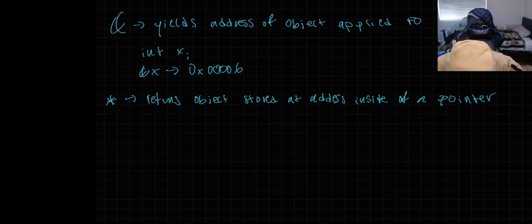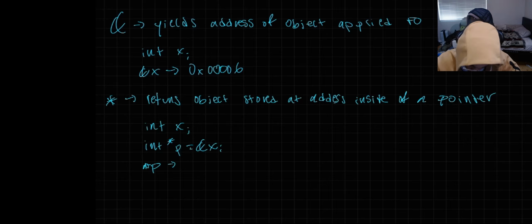So if we do int x, and then we do pointer to an int p equals address of x, and then we dereference p, we would get, well, let's initialize this actually.